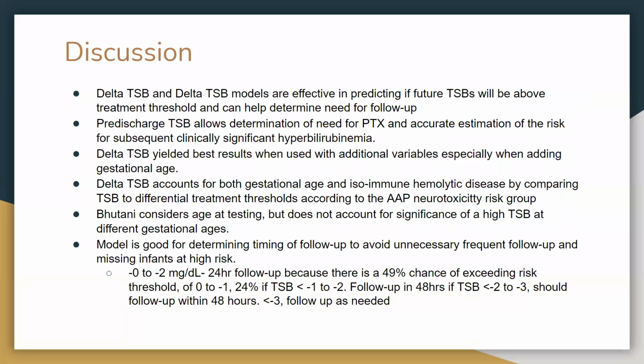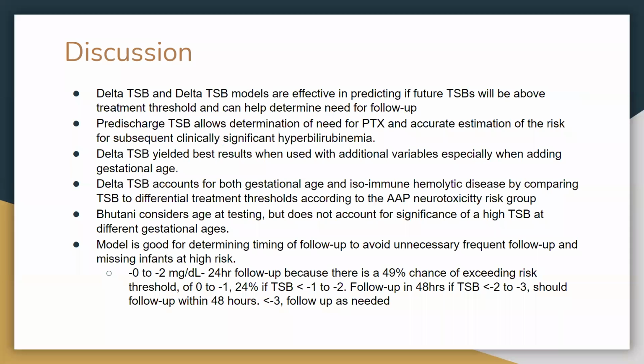So here is the discussion. Essentially this study was saying that the new models that they created, the Delta TSB and the Delta TSB plus, are both effective in predicting future total serum bilirubins and predicting which ones are going to be above the treatment threshold.